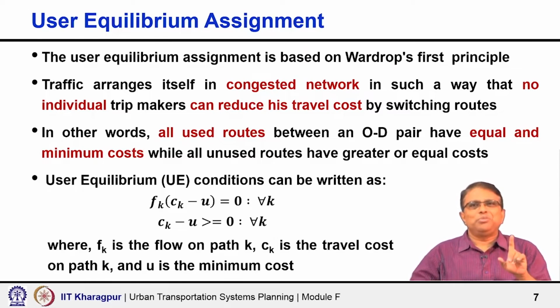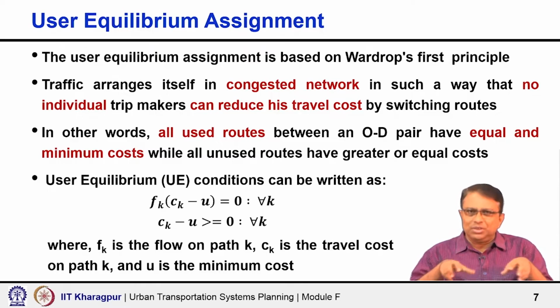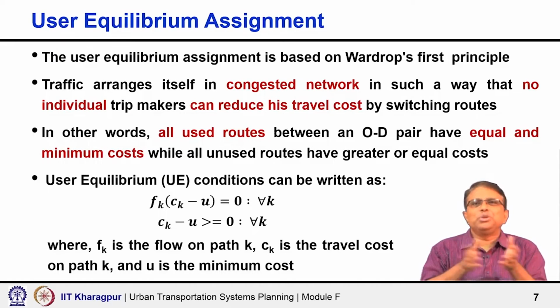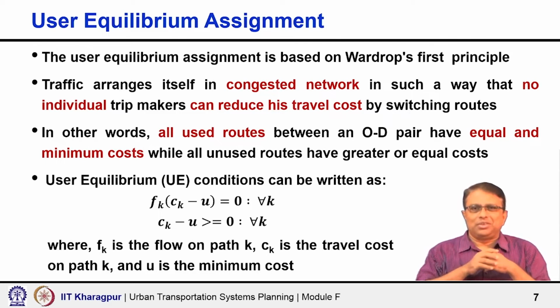We can say it is equilibrium when I cannot find a better route, that means the routes which are being used for one particular origin to one particular destination are all having equal travel time; then only nobody can shift to other routes. And any unused route, why is it unused?